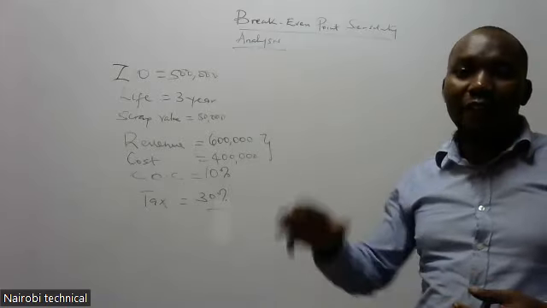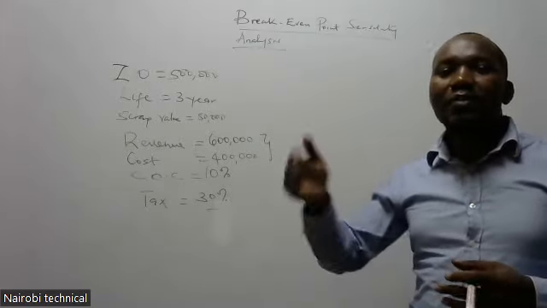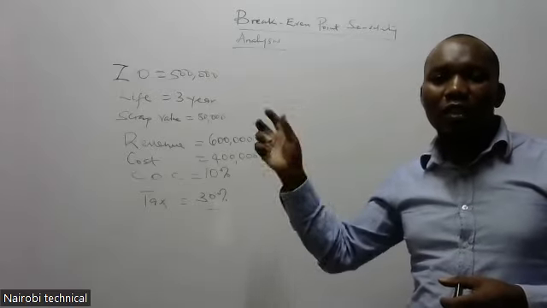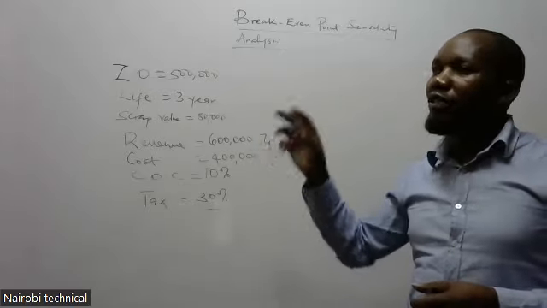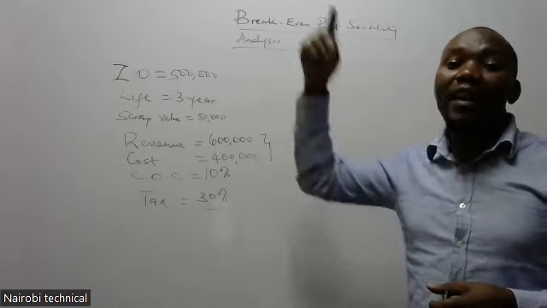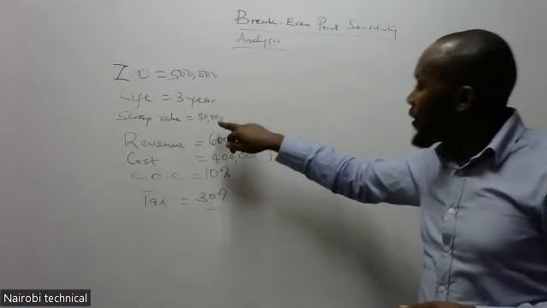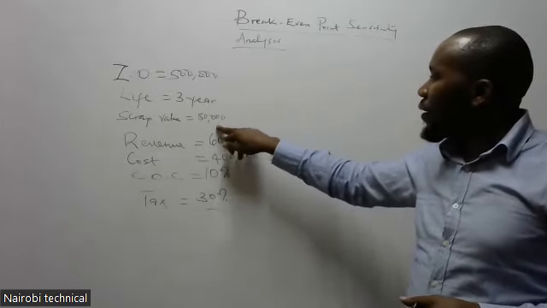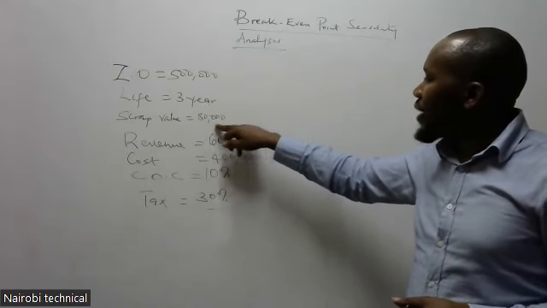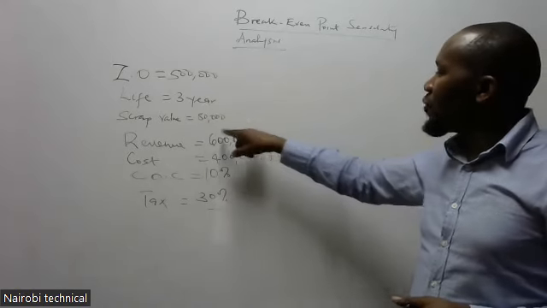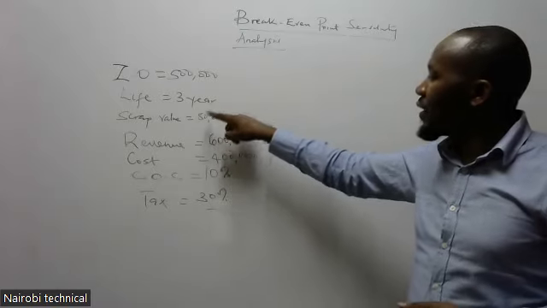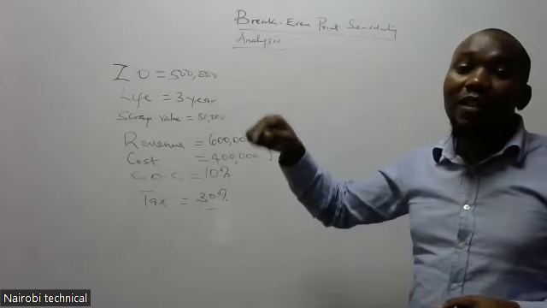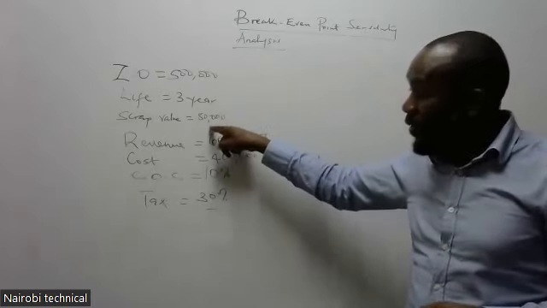If you use a car, at the end that car may depreciate, but there is that residual value at the end, which is going to give you one-off money at the end. The value of this amount is going to be realized at the end of 3 years. We sell the motor vehicle or the machine and get 80,000. We can get the net present value of this 80,000, the equivalent of it today.